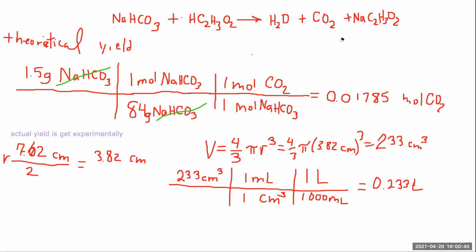the actual yield does not have to be greater than theoretical, correct? No, your actual yield is typically not greater than your theoretical, but if it is, that obviously means there are issues with our experiment.